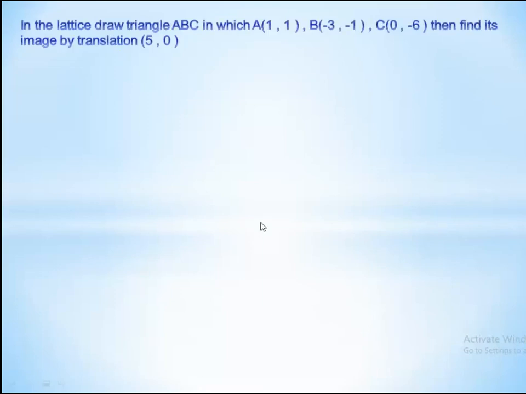Draw triangle ABC in which A is 1 and 1, B is negative 3 and negative 1, C is 0 and negative 6. Then find its image by translation 5 and 0. Okay, first, before drawing, we must find the image points. A 1 and 1 by translation 5 and 0: 1 plus 5 equals 6, and 1 plus 0 equals 1, so A dash is 6 and 1.